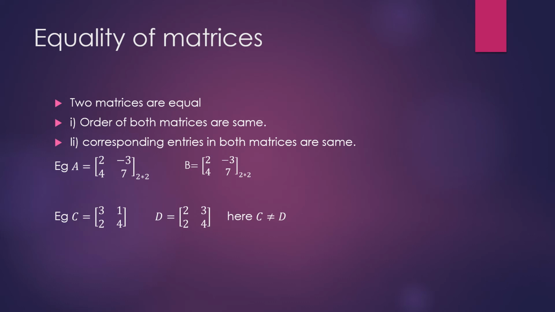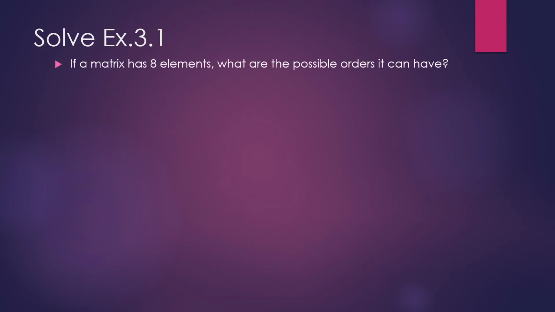Okay. Let's move on to the solving part of the exercise now. We started with square matrix, column matrix, row matrix, diagonal matrix, scalar matrix, symmetric, skew symmetric, upper triangular and lower triangular. Okay, first one: if a matrix has in all 8 elements, what are the possible orders it can have?